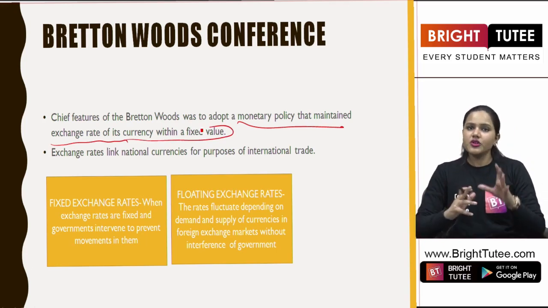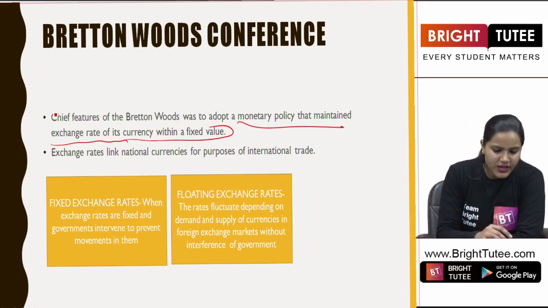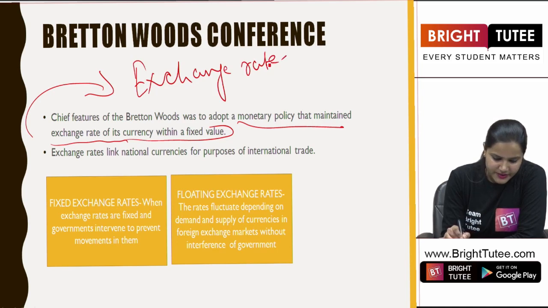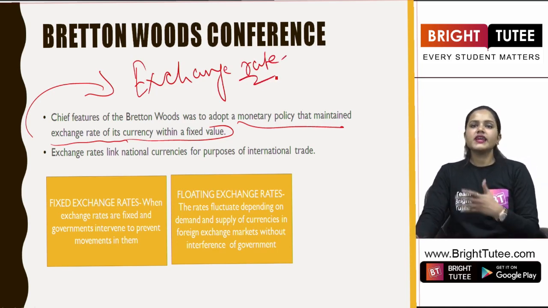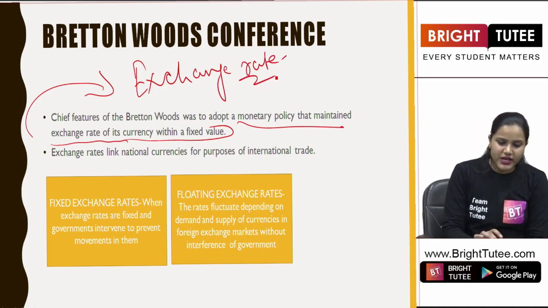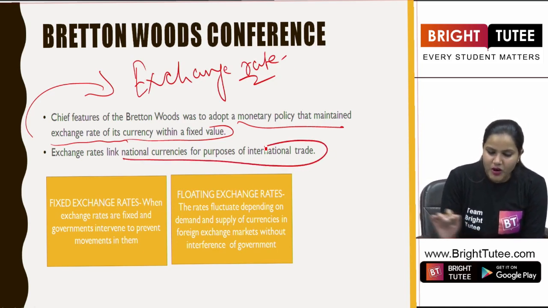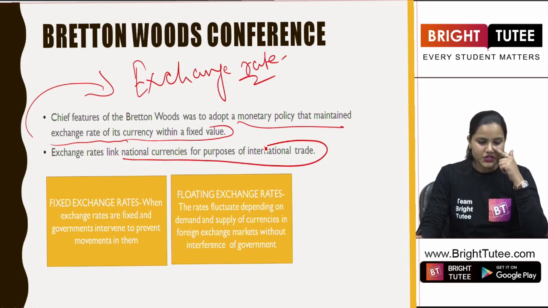Now here are some new terms for you students that you need to understand, and quite important terms. First one is exchange rate. What do we understand by this exchange rate? The exchange rate links national currencies for purposes of international trade.